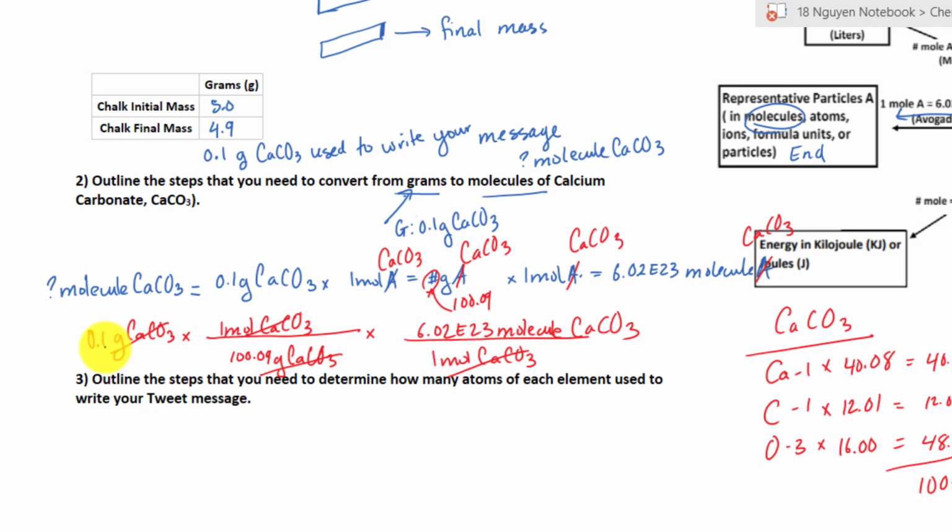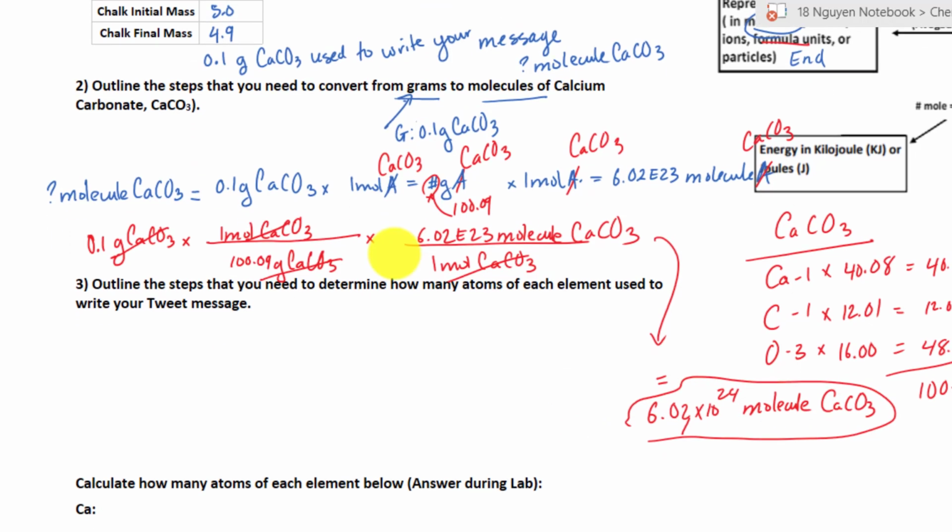And what we have here is our final answer, let me write it down here, equal to 6.02 times 10 to the 21 molecules of CaCO3. And that's how you take the grams of calcium carbonate that you use and convert it to molecules.